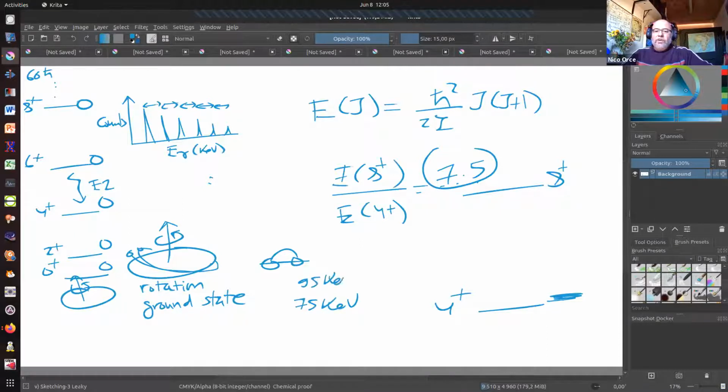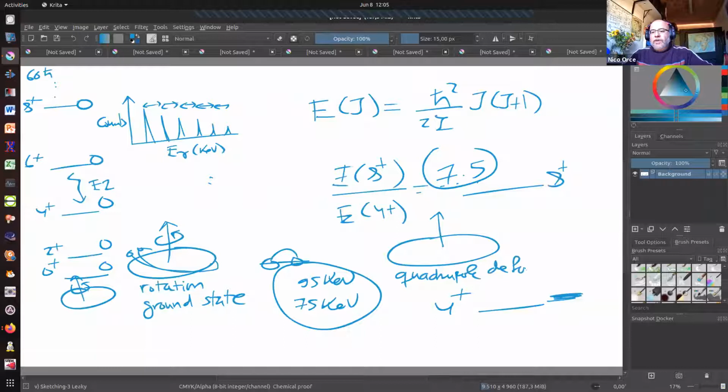So it's going to be in this order, but it depends on how well deformed the nucleus is, and we don't know that a priori. So we need to actually determine the elongation, the quadrupole deformation of this nucleus.